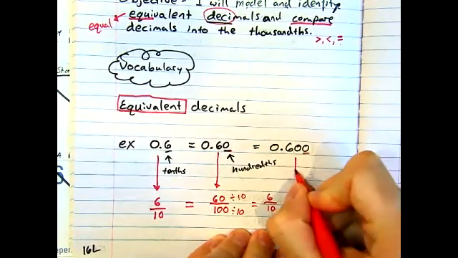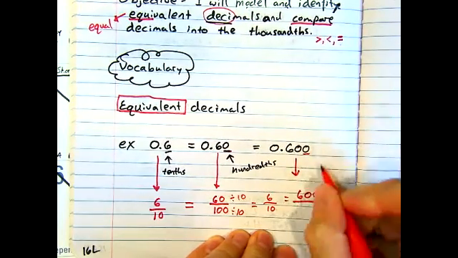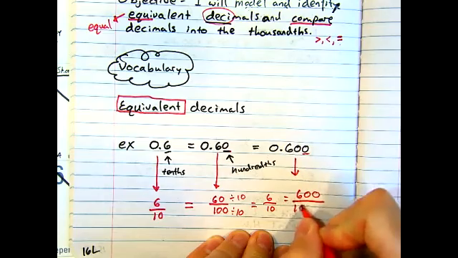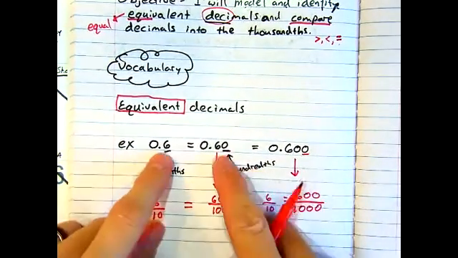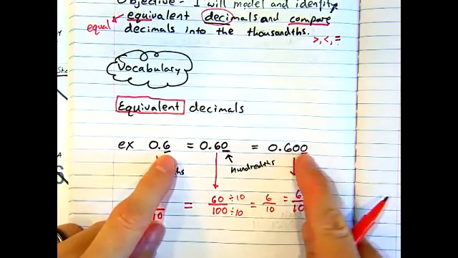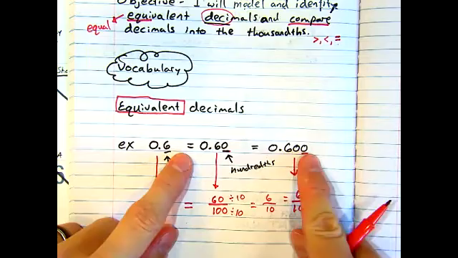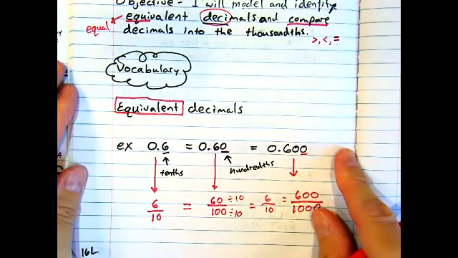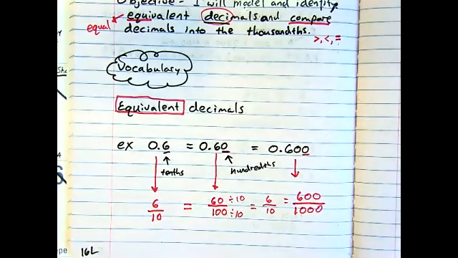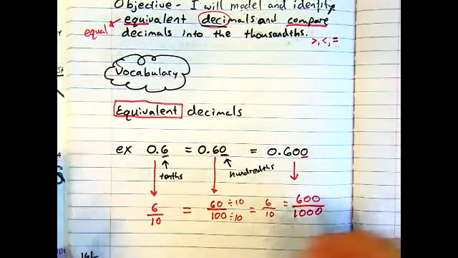So we could say that this fraction is 600 over 1,000. Now, if everything matches up in that first place value, everything else, we could have a million zeros to the right and it would still be an equivalent decimal. So place value is key. We need to look at that place value and match them up. All right, so this is all about our equivalent decimals.